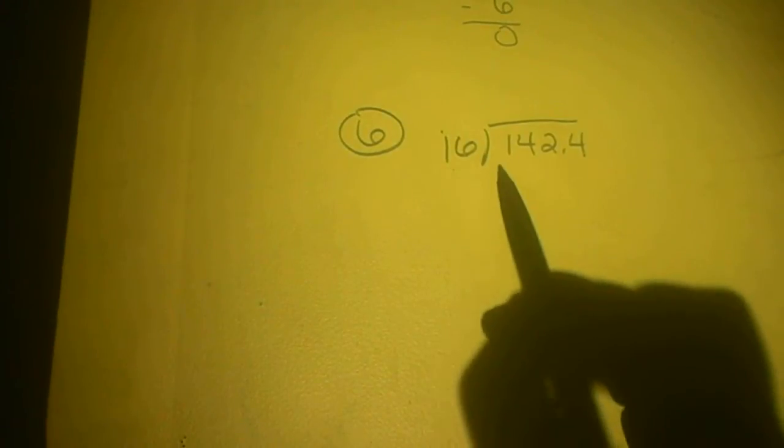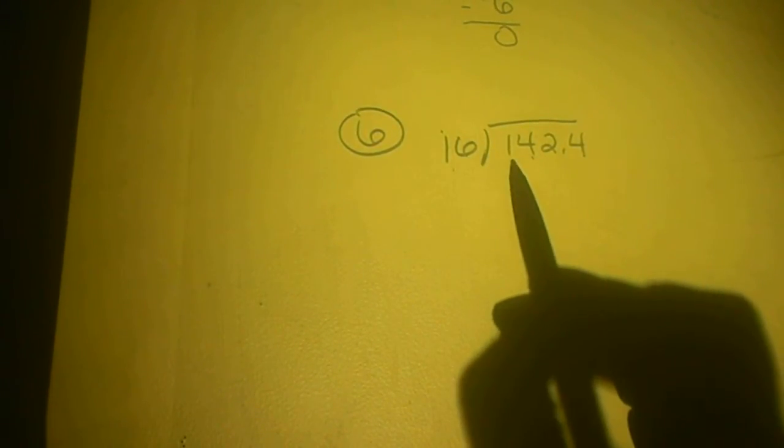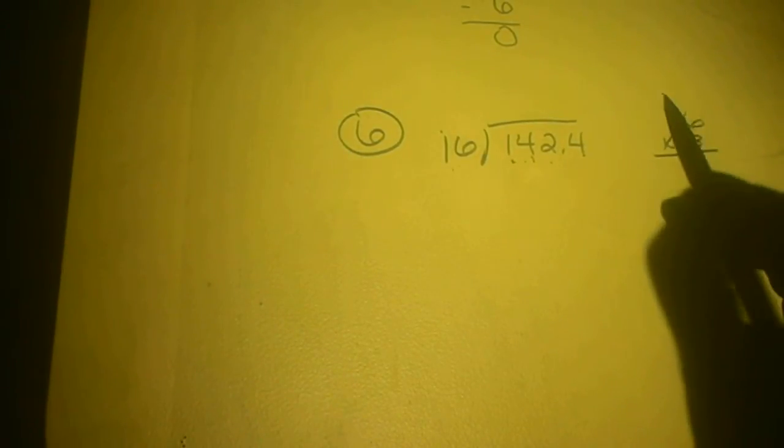Here's where you have to figure out how many times 16 goes into 142, because 16 doesn't go into 1, and 16 doesn't go into 14, but 16 does go into 142. So I go to the side and say, what's 16 times 3? That's 48.